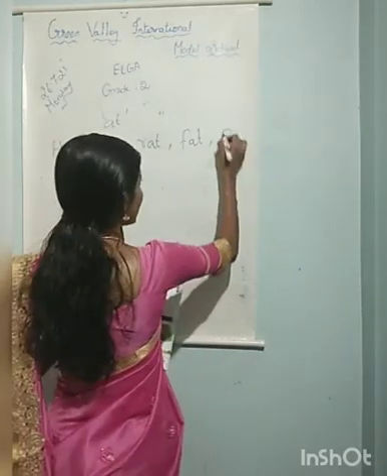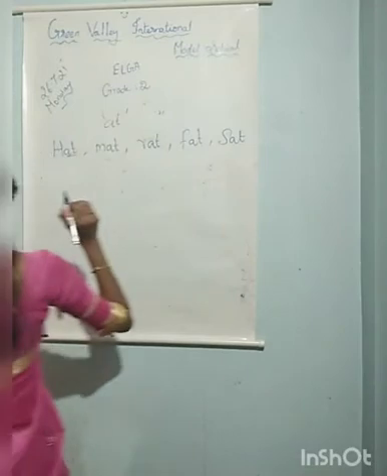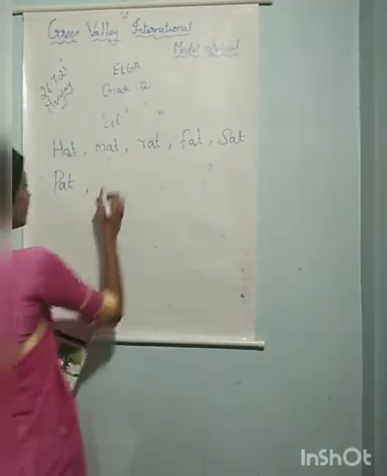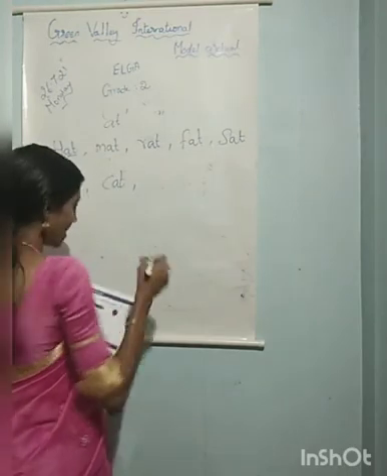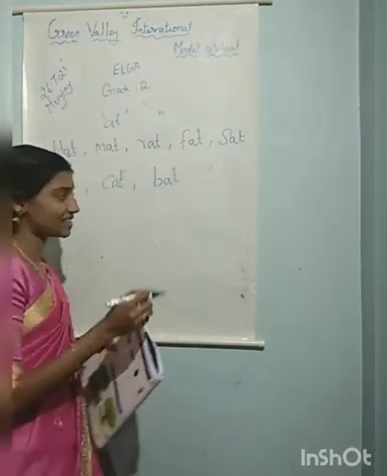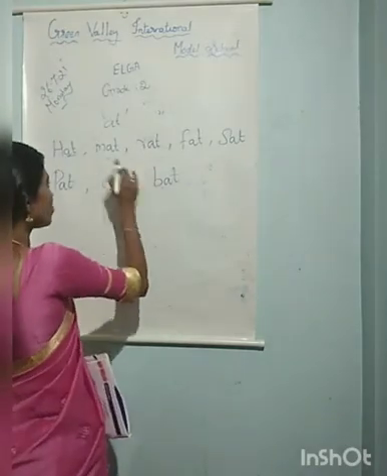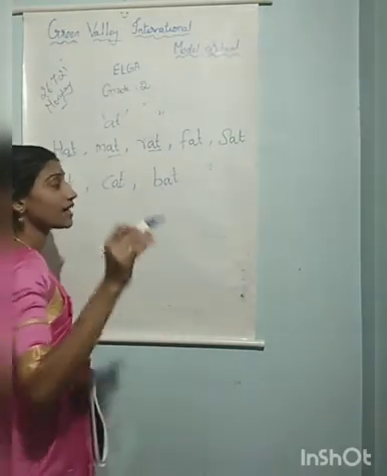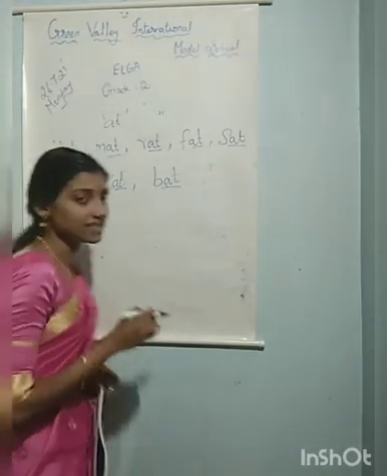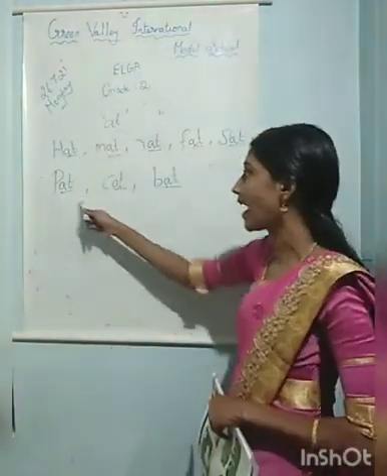Next, S-A-T, sat. Next, P-A-T, pat. Next, C-A-T, cat. Next, B-A-T, bat. Okay. So listen, here also the words end with A-T.